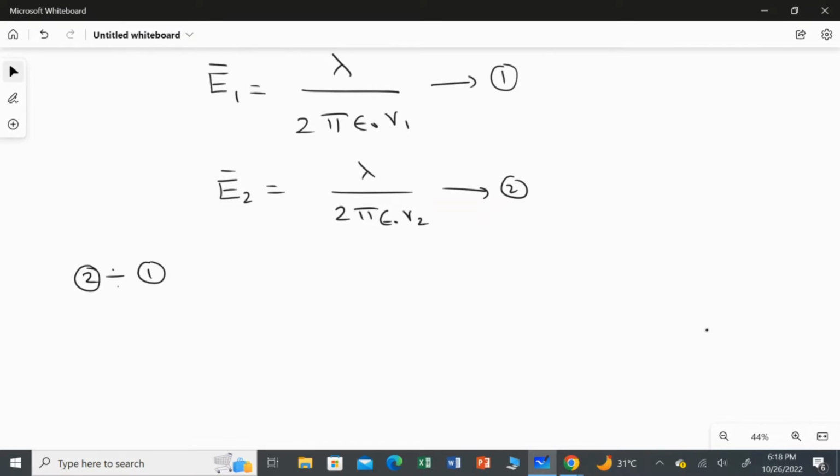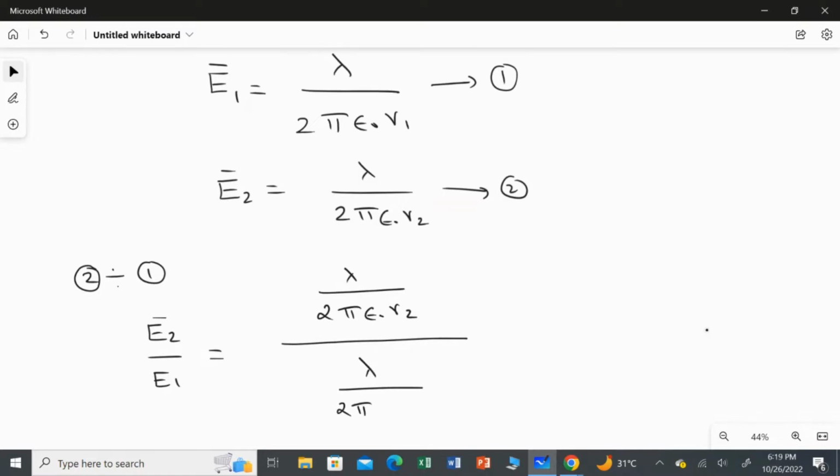First, I'm going to divide the left hand side of both equations, and after that the right hand side of both equations. So let's start with the left hand side. E2 over E1 is equal to the right hand side, lambda over 2 pi epsilon naught R2, divided by lambda over 2 pi epsilon naught R1, right?